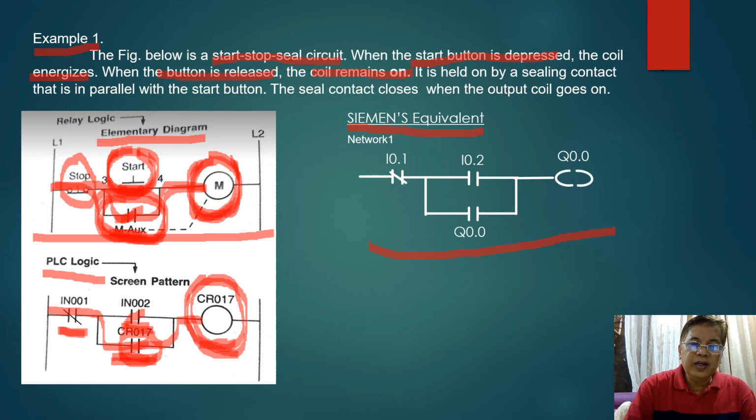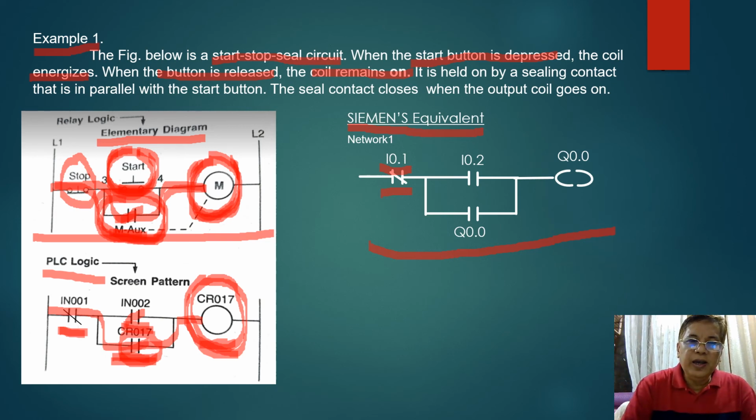So again, in the Siemens equivalent, it will have to be represented by normally closed again, which in this case, the syntax is I 0.1. So all input contacts are represented by input I.